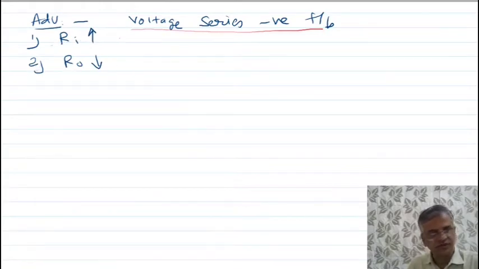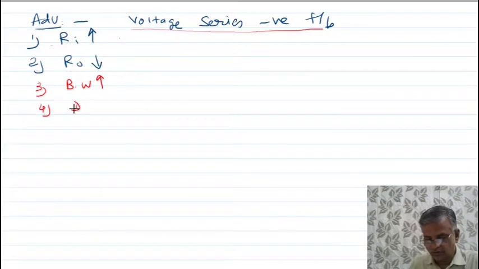Second, output resistance decreases. Third, bandwidth increases. Fourth, distortion decreases. Fifth, noise decreases. This is called distortion, and this is N for noise.